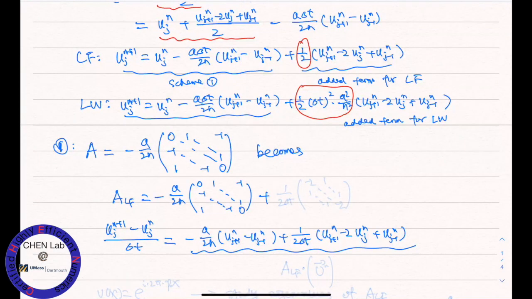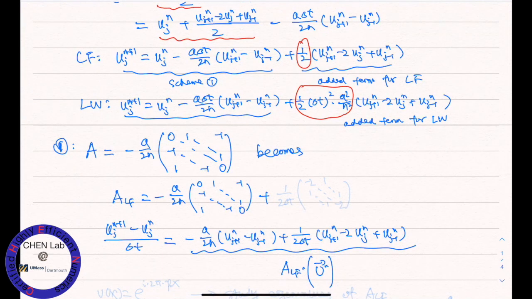So this whole thing should be our big A, big ALF, times this long vector, right?